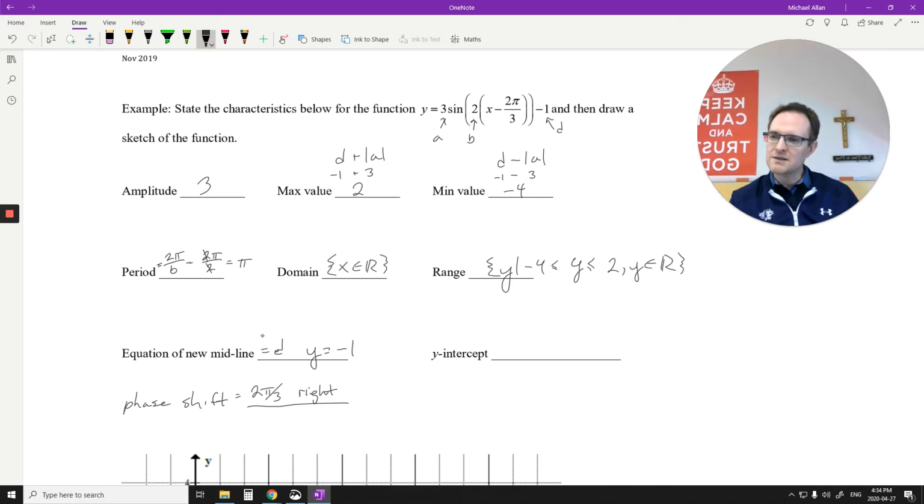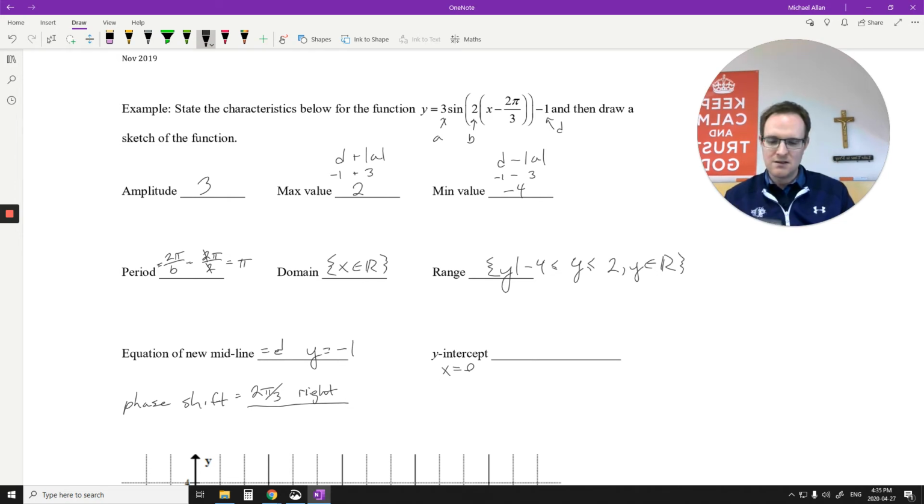And my y-intercept, well, that's a bit trickier. You would have to put this in your graphing calculator, because remember, to find the y-intercept, you make x equal to 0. Make sure your calculator is in the right mode. You do this in radians because I see a pi in there.